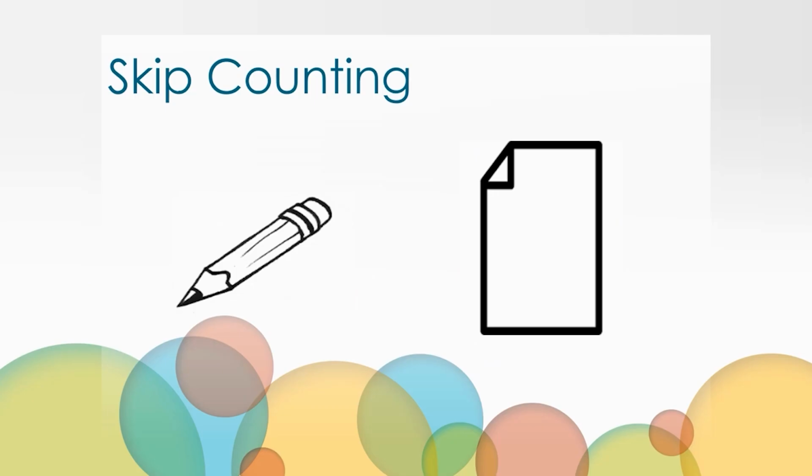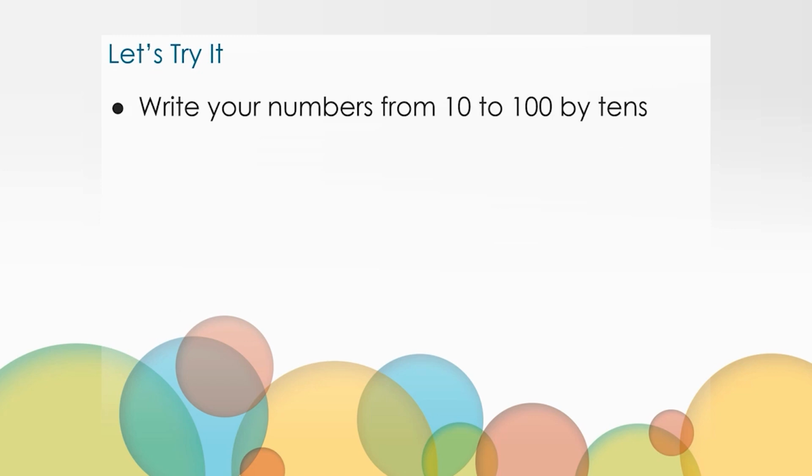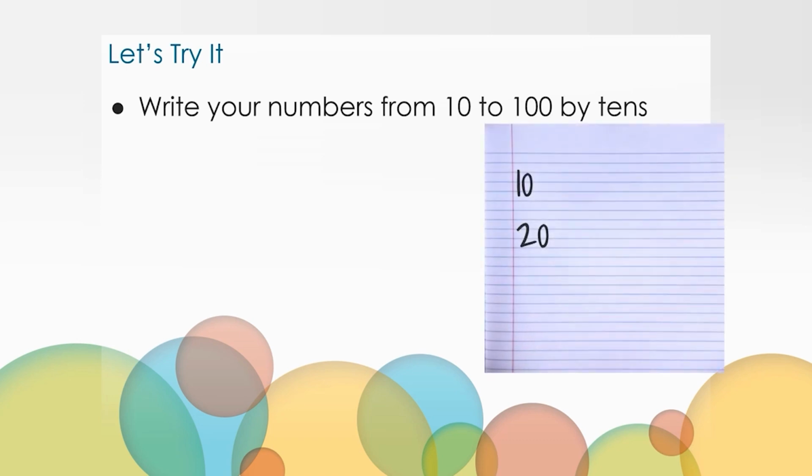Skip counting has really helped us with money. Grab your paper and pencil. Let's try it. Let's write our numbers from 10 to 100, counting by tens. I have my paper and my pencil. I'm going to start writing 10, 20. Can you keep counting to 100 by tens?